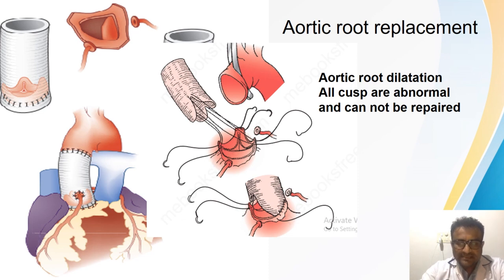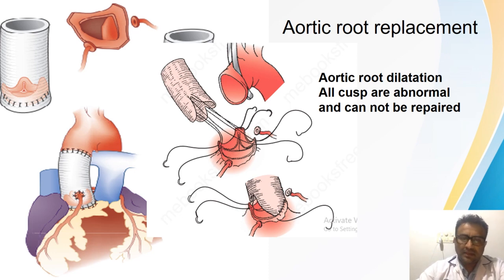The size of the valve conduit varies, but it is between 24 to 36 based upon the BMI. Commercially available Dacron graft with a mechanical valve is used for the valve conduit. The aortic xenograft or aortic homograft can also be used. A stented bioprosthetic valve can also be used instead of the mechanical valve conduit.